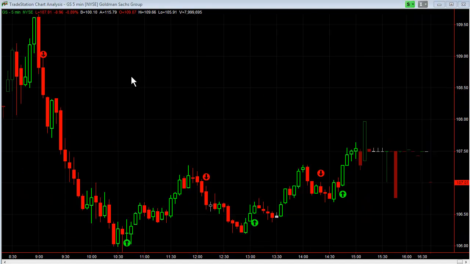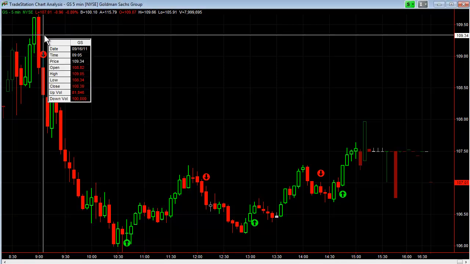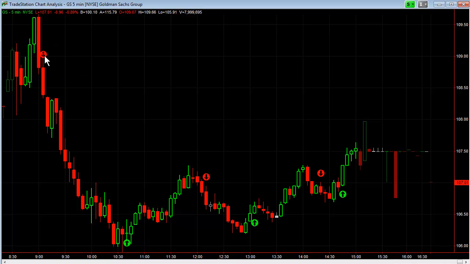Now this last one is on Goldman Sachs, GS. The first entry was to the short side right here at 9:05 Central, right after the number, and then it had a long entry at about 10:35, 10:40, a nice move up. Then another short entry at around 12:10, 12:15, and it moved down. A long entry at around 1, it moved up sideways, then moved back up.